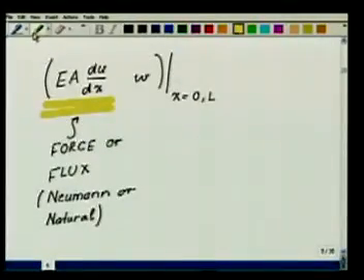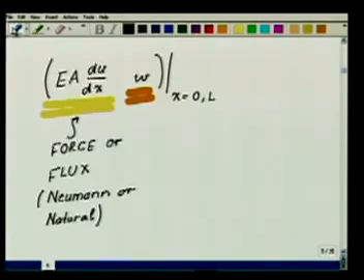Now let us look at the second part. What about this part, w? This part w corresponds to u, because at an end where the displacement u is specified, remember we had talked about admissibility of w.